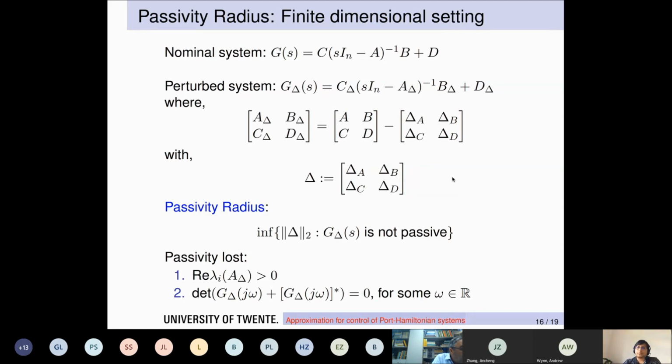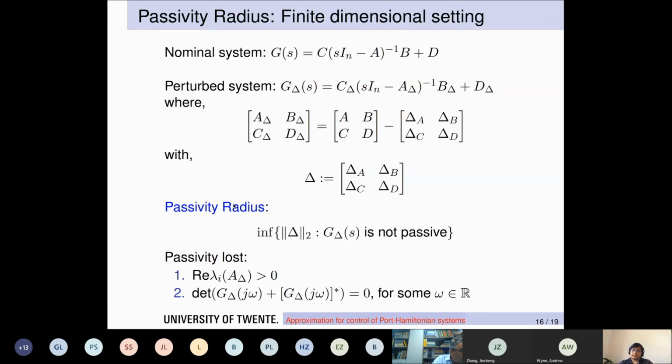The next two slides show what I'm doing now with this passivity radius in the finite dimensional setting and infinite dimensional setting. For the finite dimensional setting, if we have a perturbed system, and we increase the perturbation in some norm, the minimum norm that makes the system not passive is defined as the passivity radius.